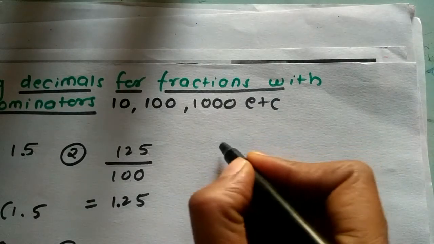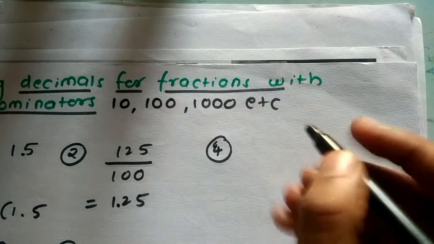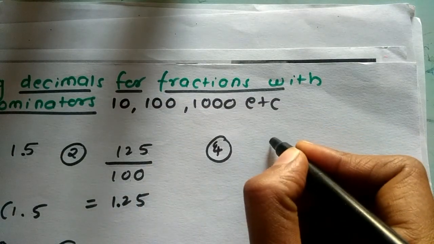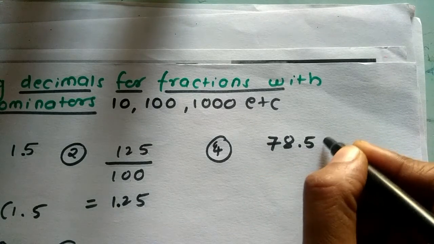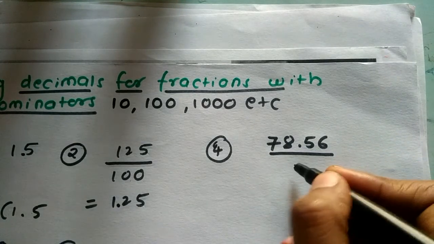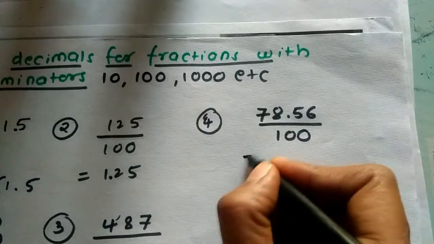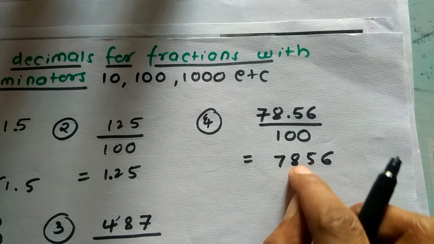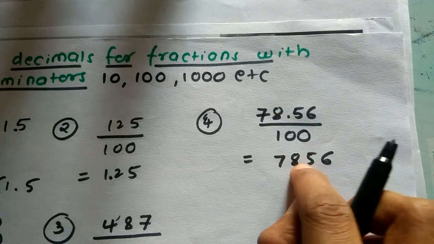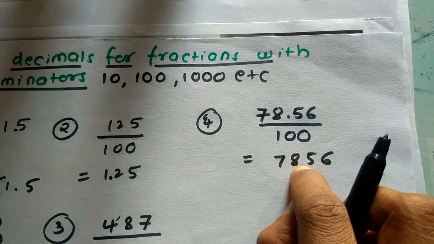Now I'll take an example where we already have a decimal in the numerator. Let us take 78.56, and you are dividing it by 100. So what do you have to do? Write 7856, and consider the point: it is already there between 8 and 5. Here, between 6 and 5, we have the point.